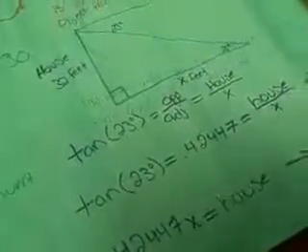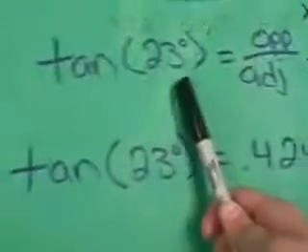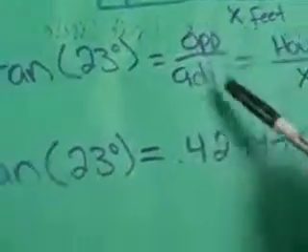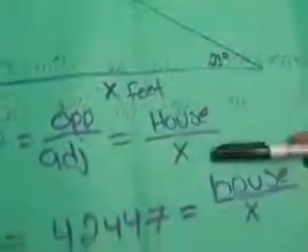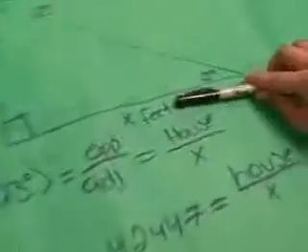So from this diagram, we're going to see that tangent of 23 degrees equals opposite over adjacent, so it equals house over x. And this is the house, which is 32 feet. And this is the x amount of feet that we're looking for.